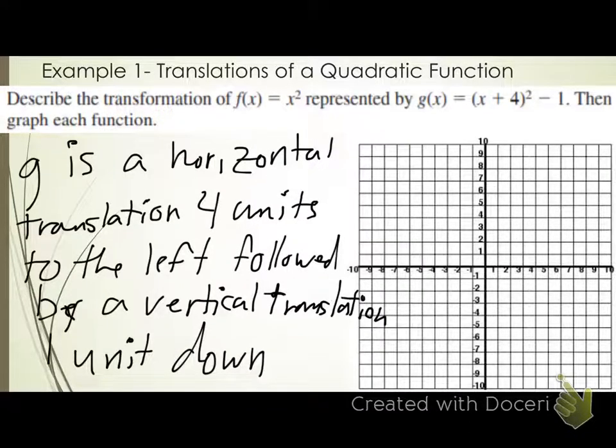Does that make sense? We can get all that information just from our function. Does everyone see how it's a horizontal translation 4 units to the left, vertical translation 1 unit down? Everyone okay with that? Yeah. Okay. Can I erase and draw my table of values for my graphs?